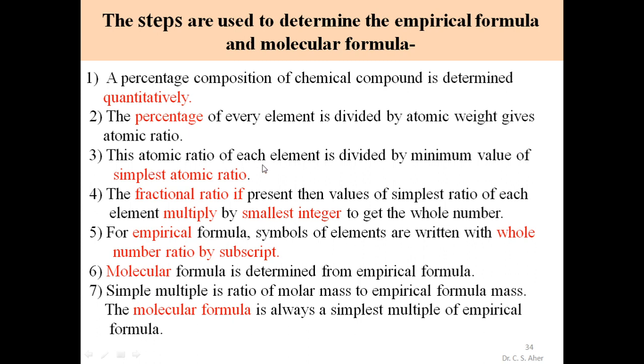This atomic ratio of each element is divided by the minimum value to get the simplest atomic ratio. If the ratio is in fraction, the value of the simplest ratio of each element is multiplied by the simplest integer to get a whole number.